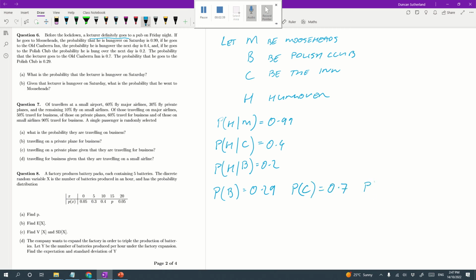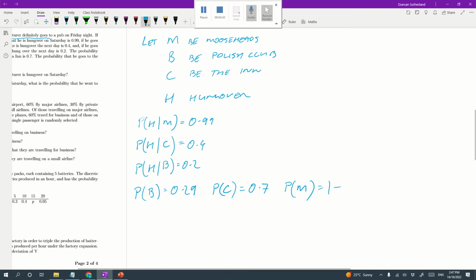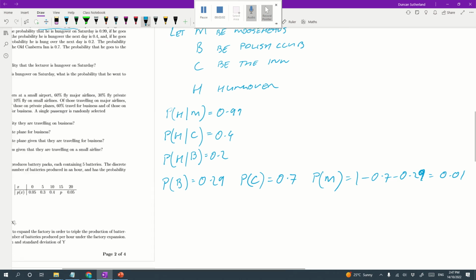And so the probability of going to Mooseheads is 1 minus 0.7 minus 0.29, which is 0.01. Okay, so that's just from the complementary events, and all the probabilities must sum up to 1.